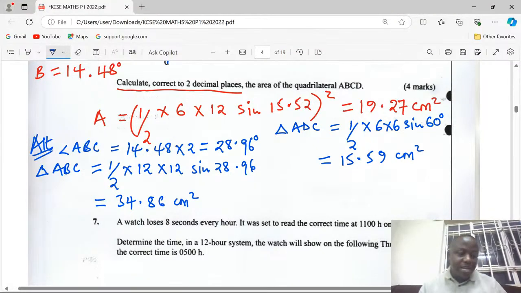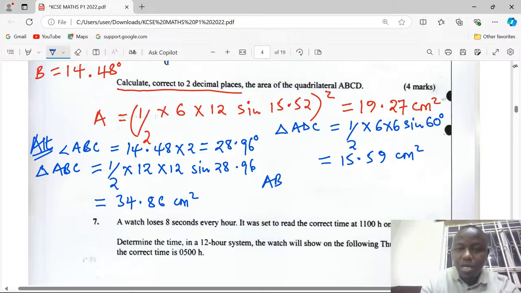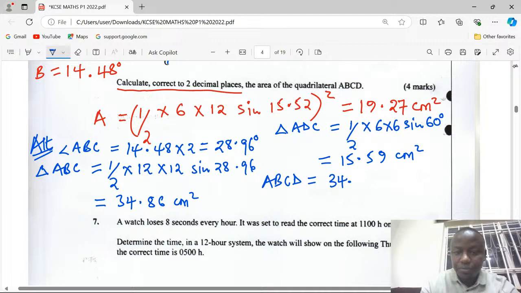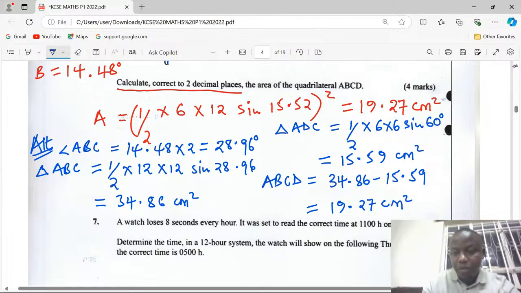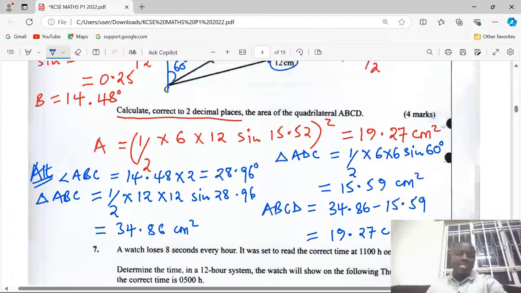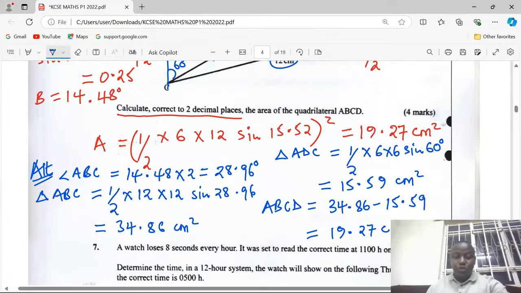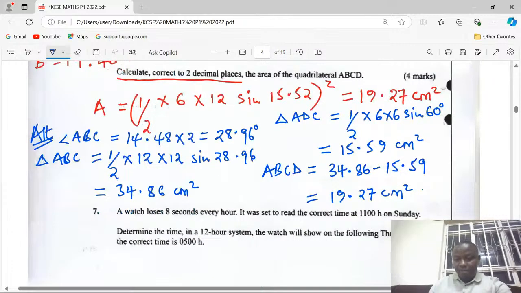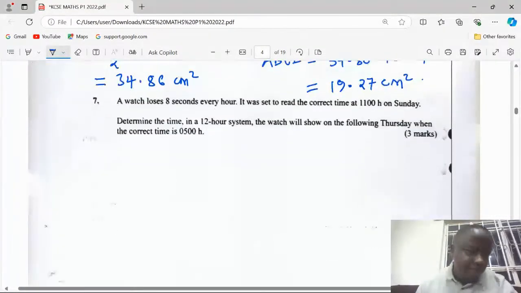Now with the two areas, we can subtract them and have the area of the quadrilateral ABCD: the bigger triangle minus the smaller triangle. And this will exactly take us to 19.27, just like the other approach. So in the two methods, we are getting the same answer, 19.27.